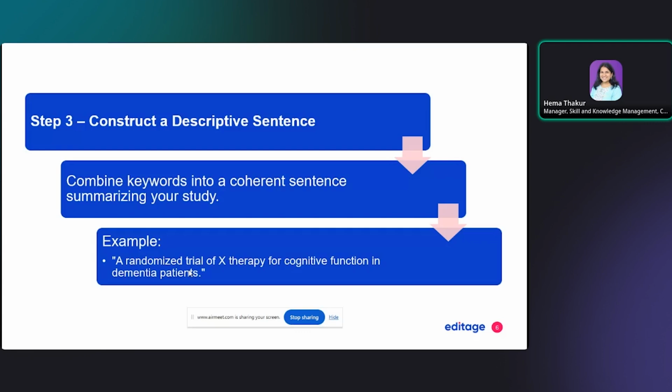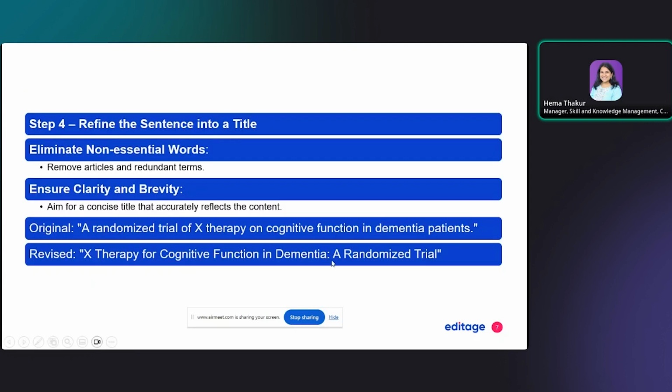So we have the good old colon in the title to depend on, and we can move this randomized trial to after the colon. Colons are often used in a title to separate the general topic from a specific detail or provide additional context about the study. So over here I've just rearranged things.